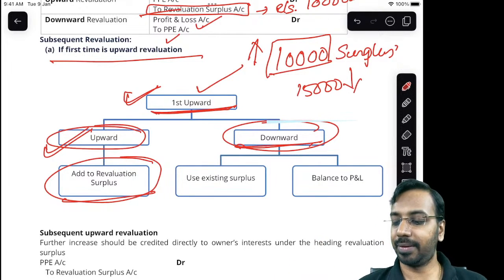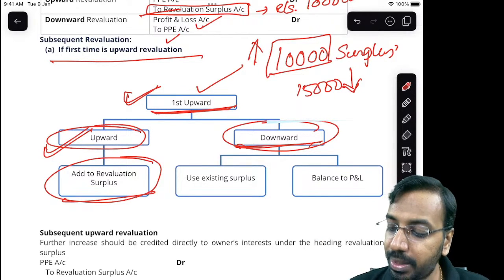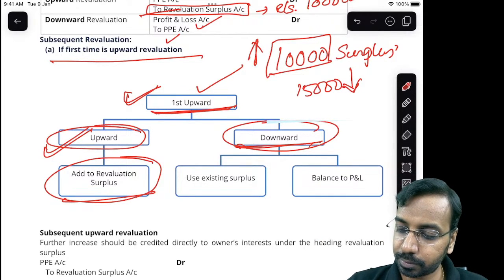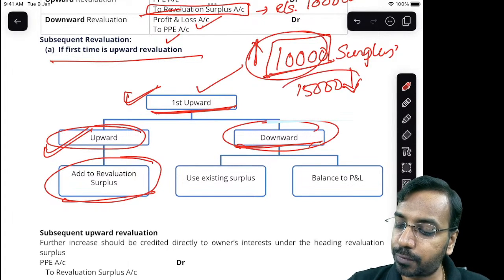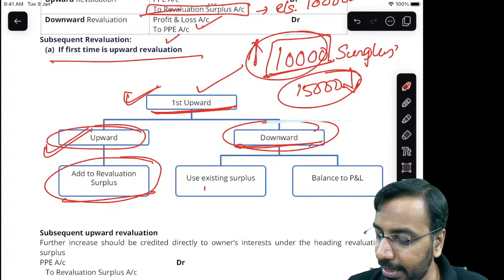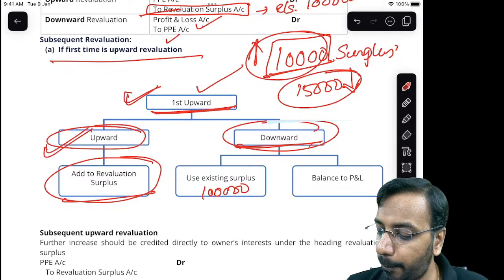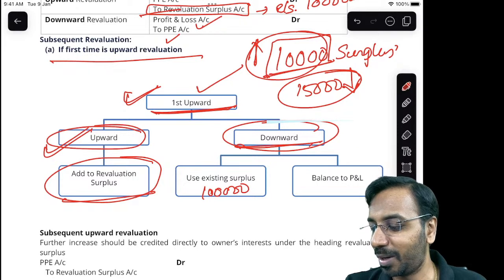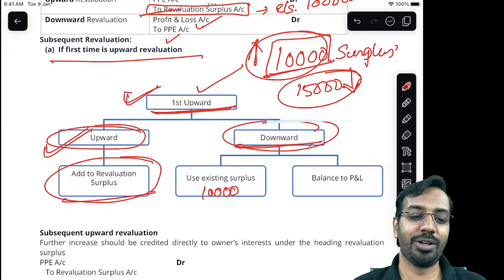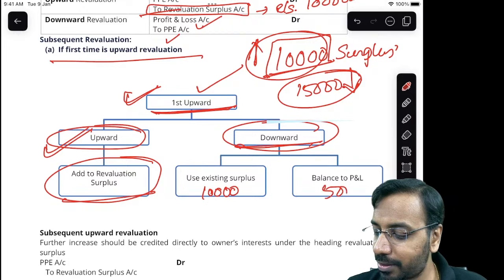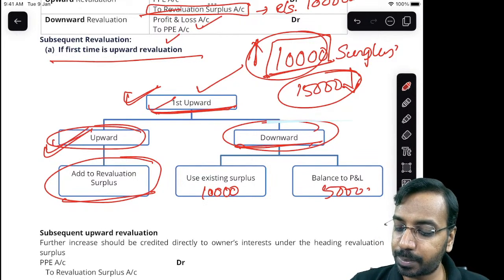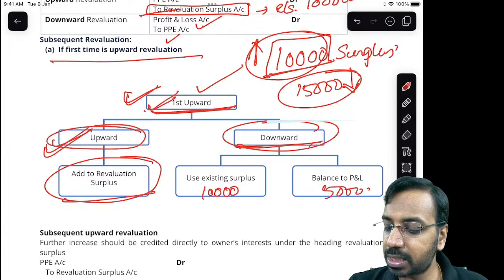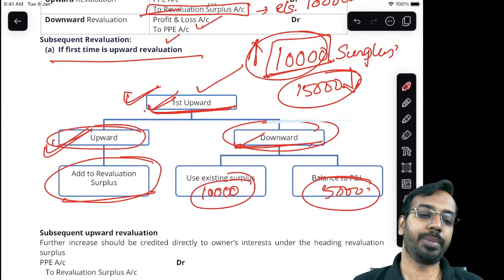Then in that case, the 10,000 upward revaluation surplus which is available, we will use for this downward revaluation. So the existing surplus of 10,000 I will use, and the balance 5,000 I will transfer to P&L. So if first upward, subsequent upward, no problem. If first upward, subsequent downward, use existing surplus, balance transferred to P&L.